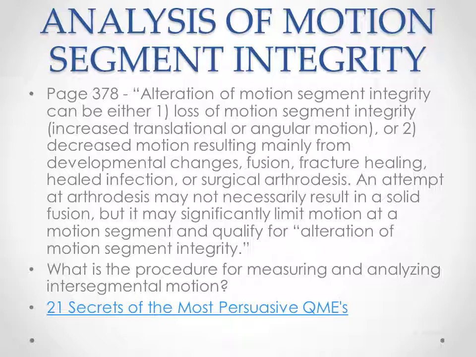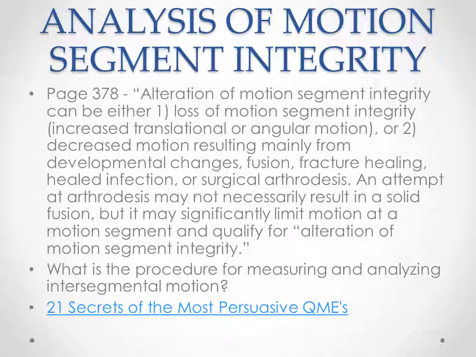or surgical arthrodesis. And the guides go on to say that an attempt at arthrodesis may not necessarily result in a solid fusion, but it may significantly limit motion at a motion segment and therefore qualify for alteration of motion segment integrity. So let's review.